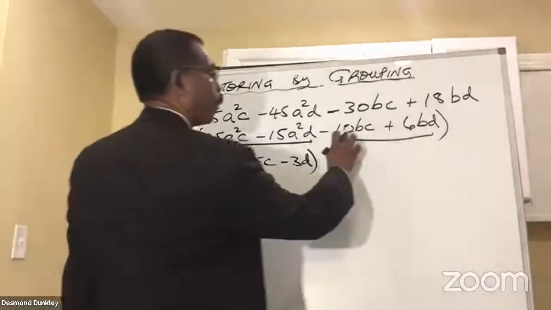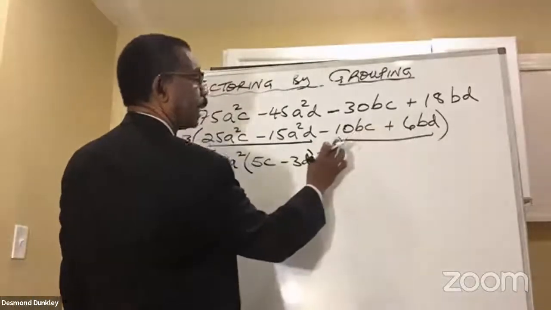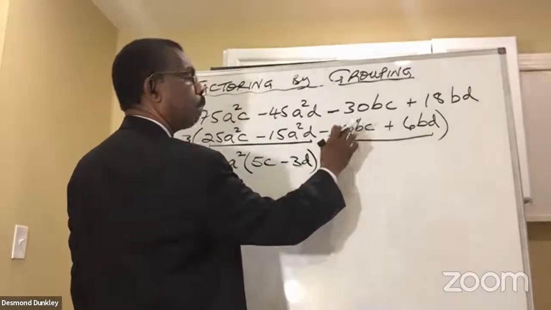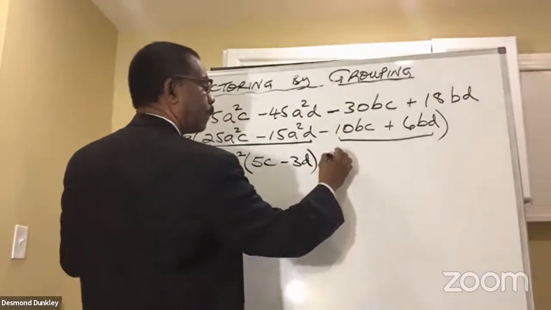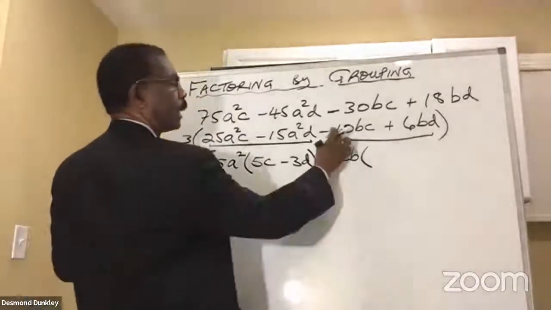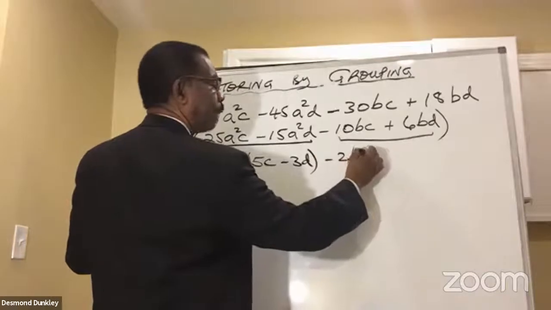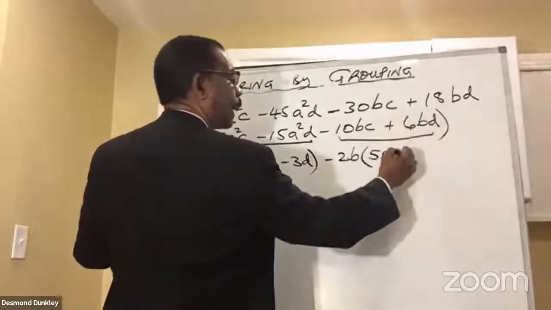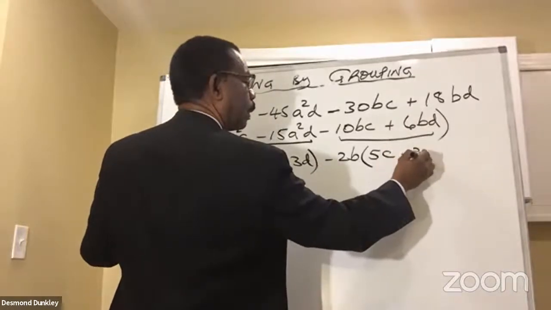What about this? What's common to this right here? I can think of -2b. Let's try -2b. If I factor out a -2b here, I get 5c. Factor out a -2 here, I get -3b.